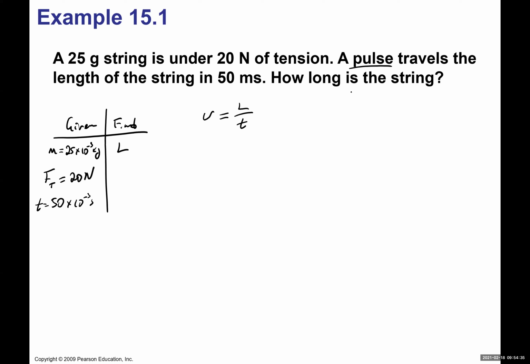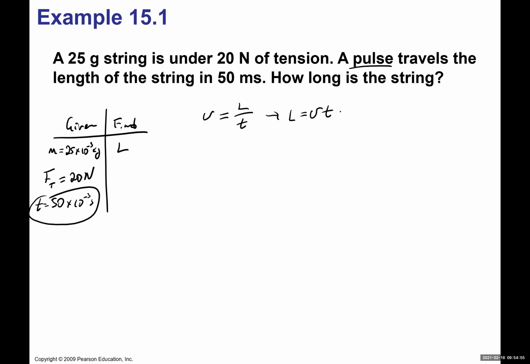So V equals L over T. That means L equals V times T. So the length of the string is the speed of the pulse times time. All right, so we are given the time, but we're not given the speed.